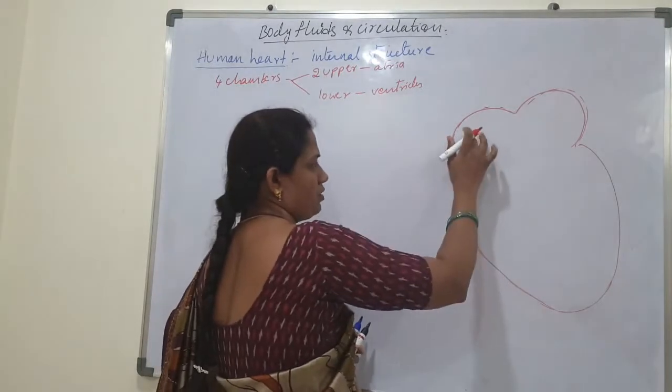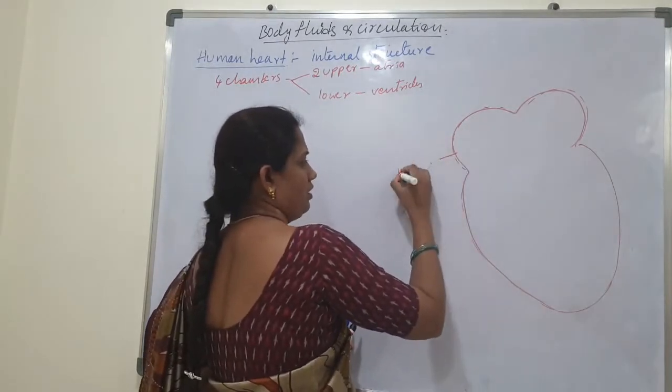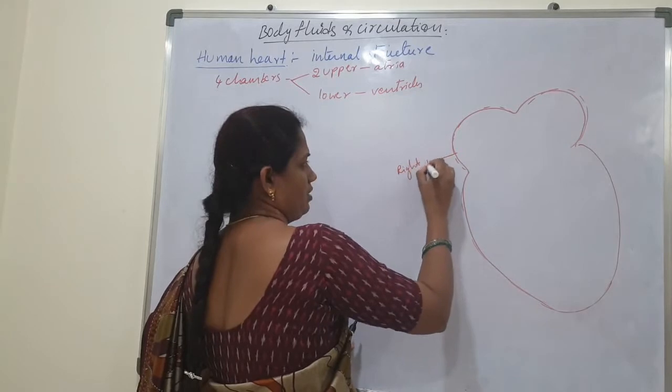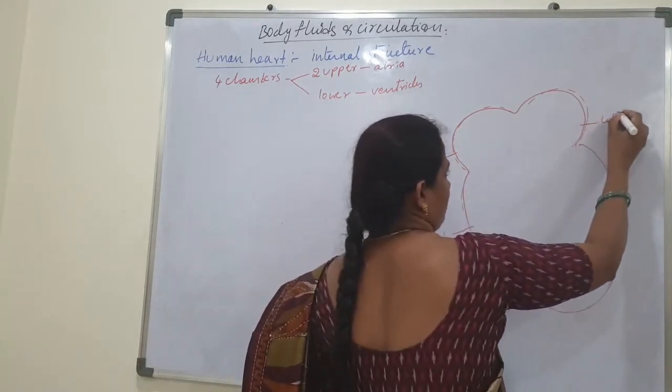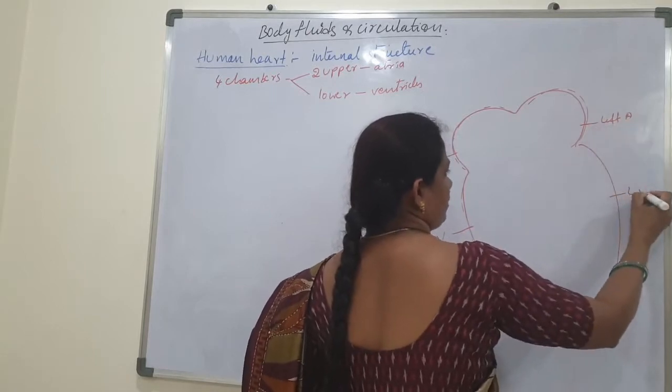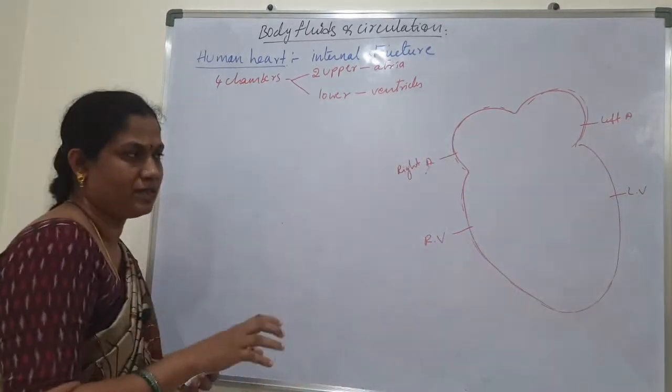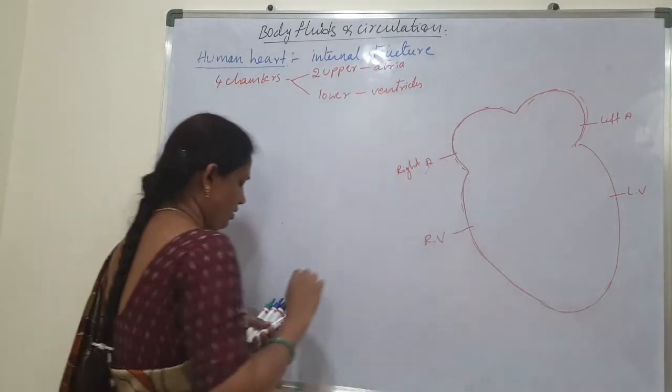This is the right atrium and right ventricle, left atrium and left ventricle. So four chambers are present.